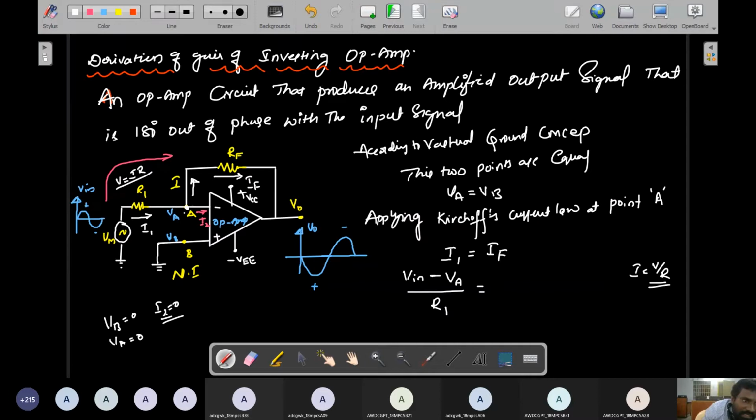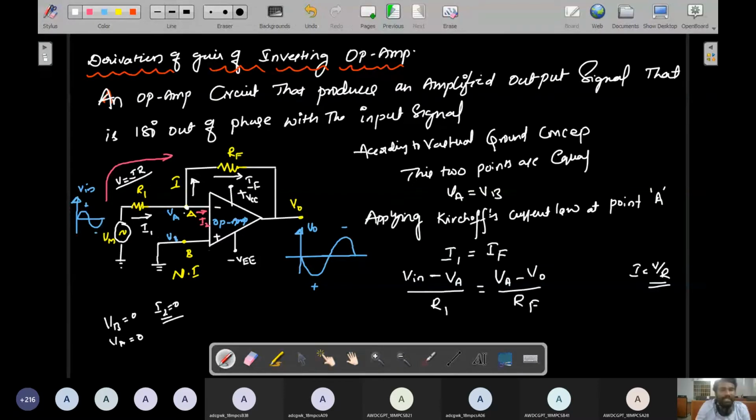Sum of the leaving currents means the voltage at point VA minus the output voltage V0 divided by the feedback resistor. That is represented by VA minus V0 divided by RF.